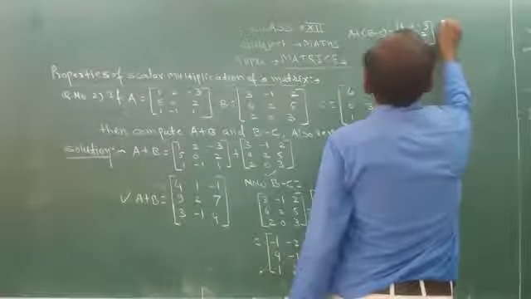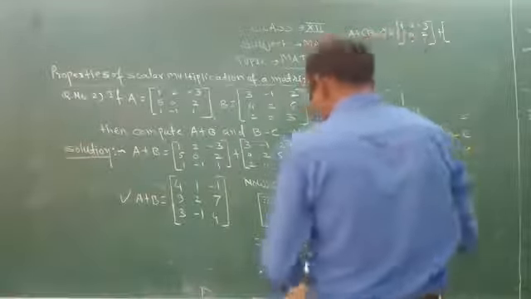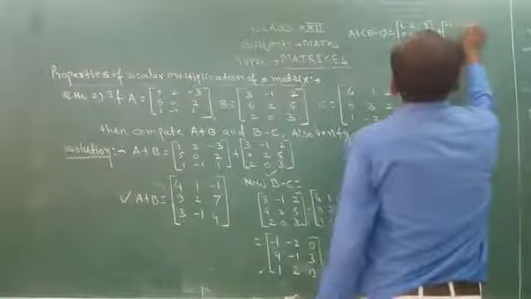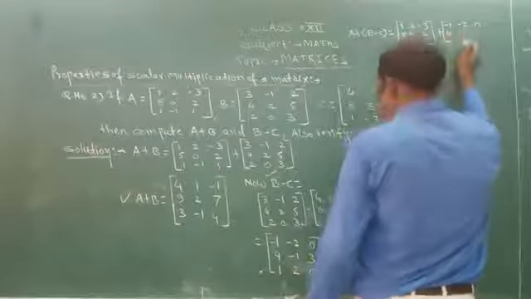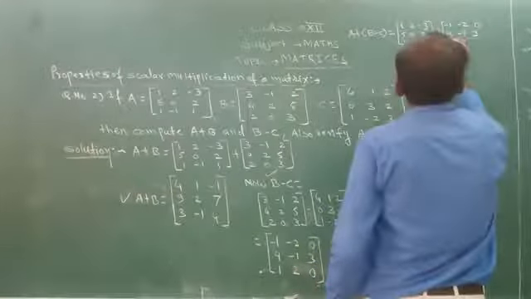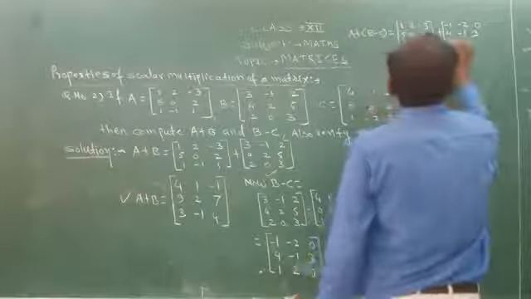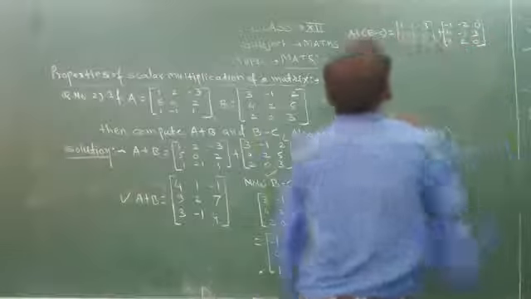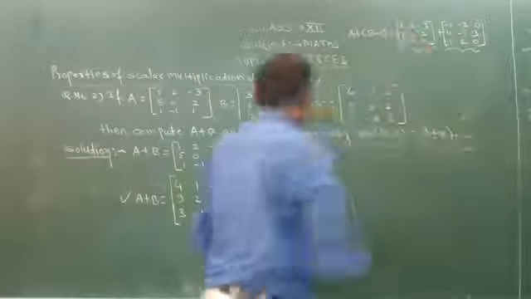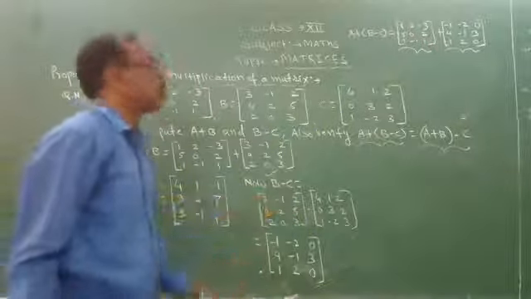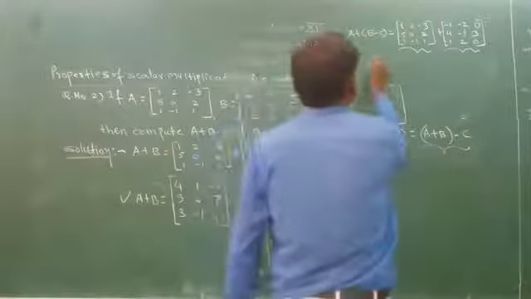Then plus, what is B minus C? B minus C is [-1 -2 0; 4 -1 3; 1 2 0]. This is your A and this is your B minus C. Now what is the value of this?